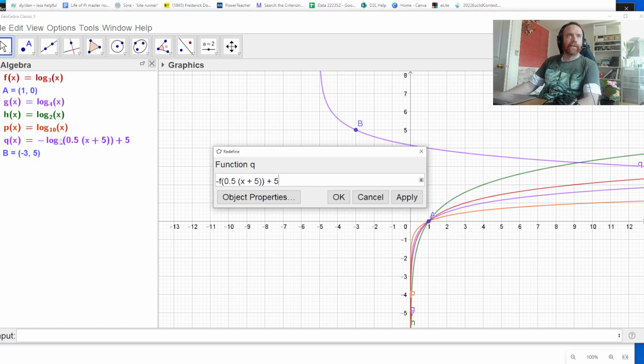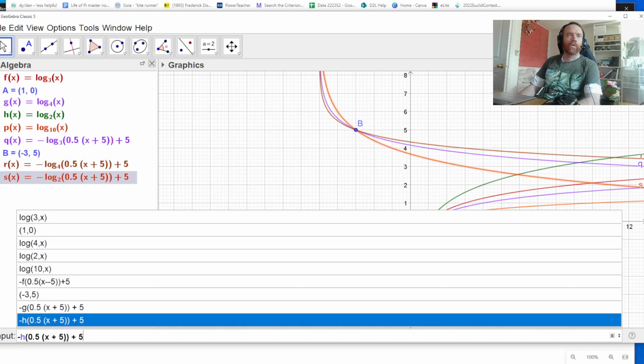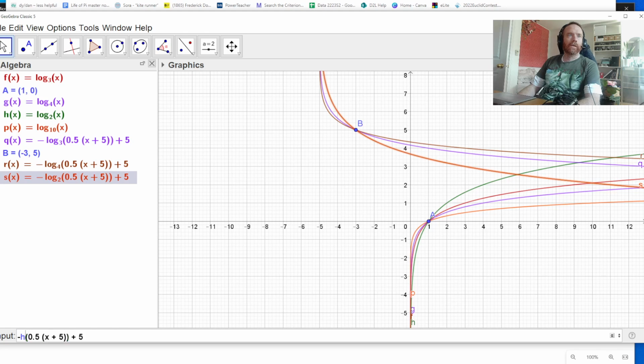Now, suppose I had done all these transformations, instead of to f, to g, or to h, or to p.